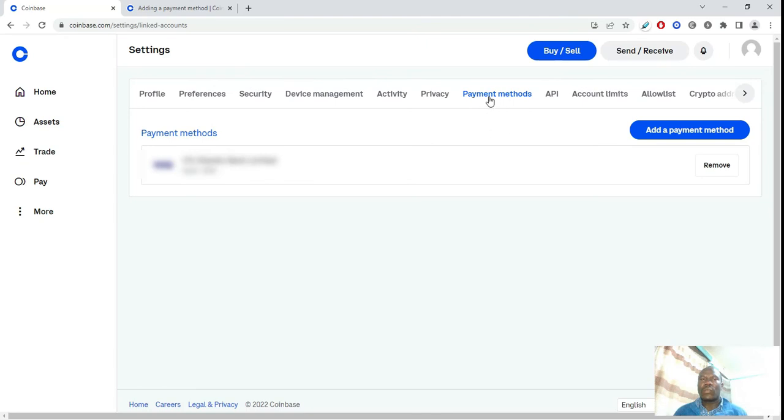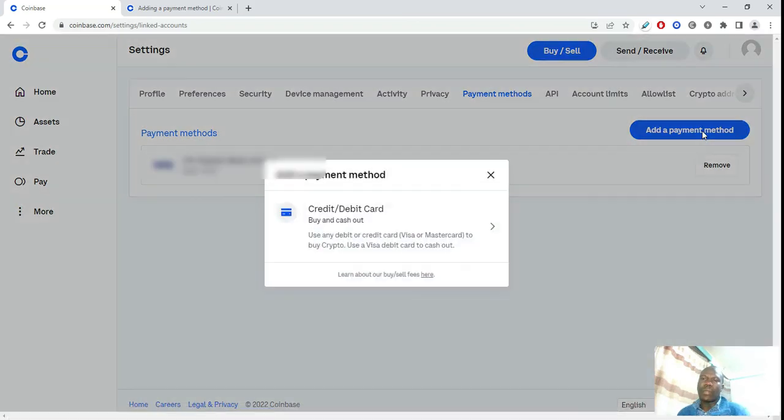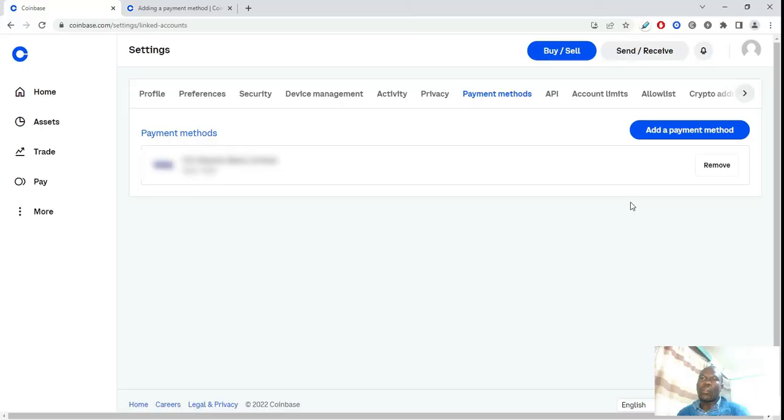There you'll see all the payment methods that you have added on Coinbase. You can also add a new payment method, but as you can see, I only have one. I do not have any other payment methods apart from payments via a Visa card.